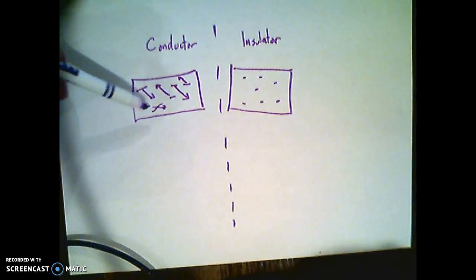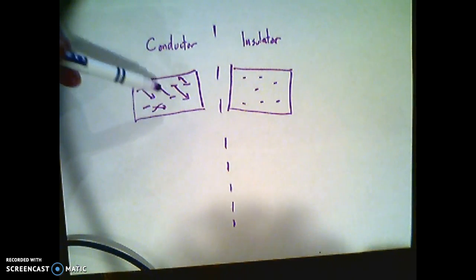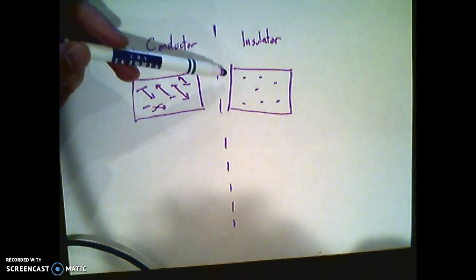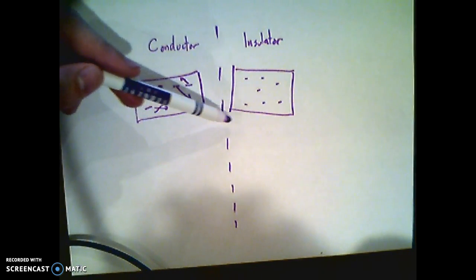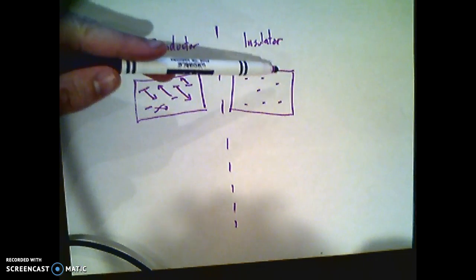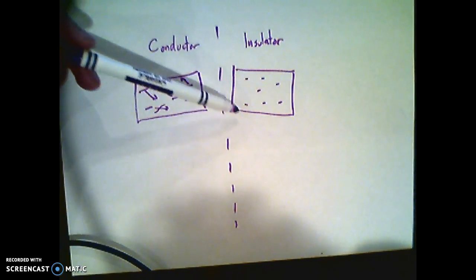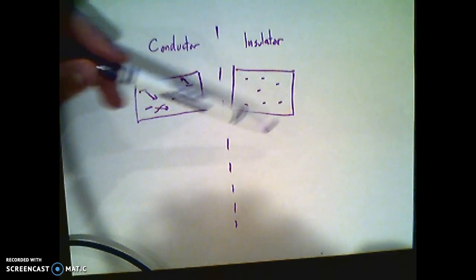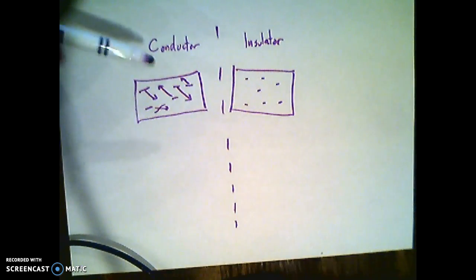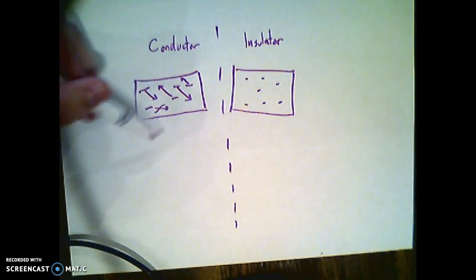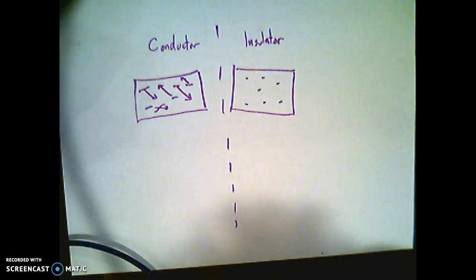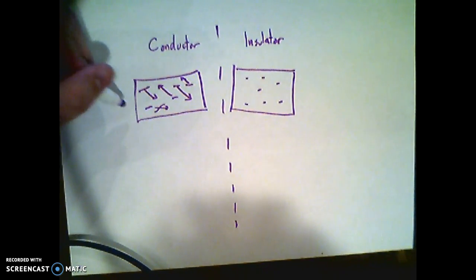They'll generally be able to conduct heat very well too. Whereas an insulator, it's not very good at conducting electricity, and so you would use it if you're trying to prevent the flow of electricity.